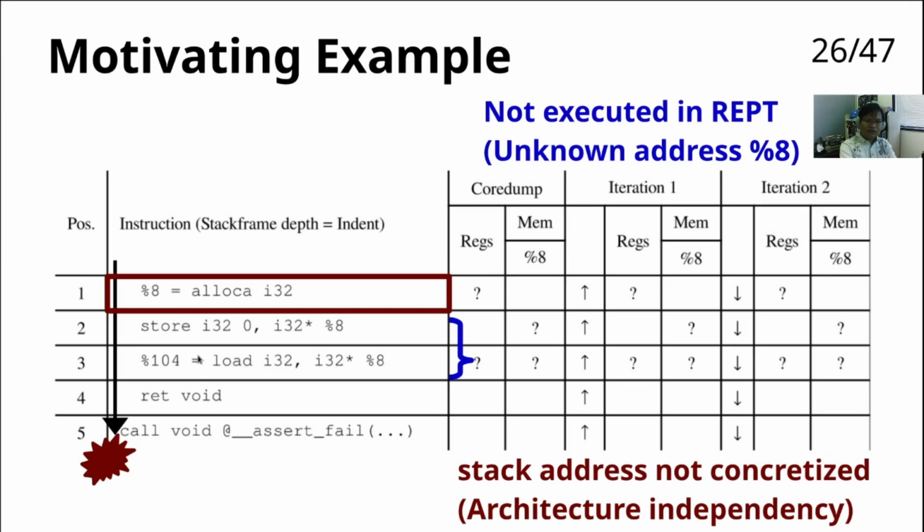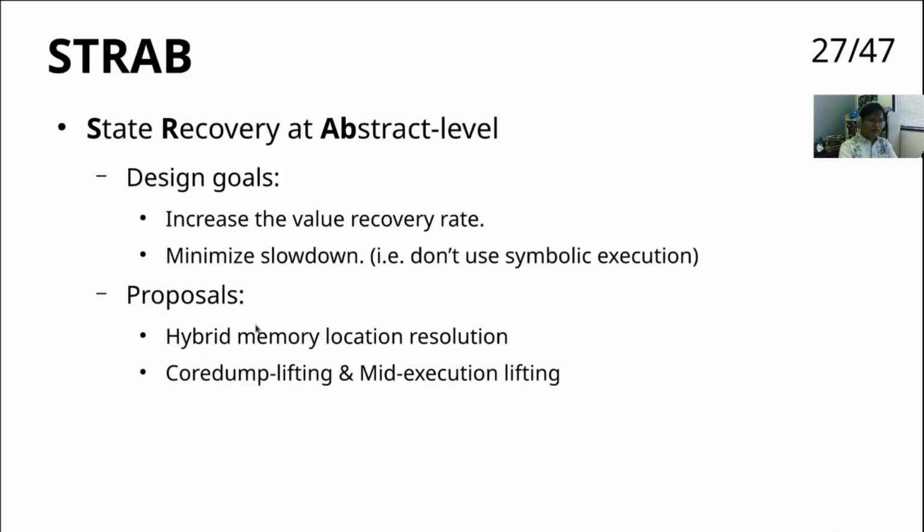And so here we present STRAB, which is an abbreviation of state recovery at abstract level. Our goal here is to increase the recovery rate of values in cases like shown in the earlier slide, while also minimizing the slowdown caused by the change in the reverse and forward execution algorithm.